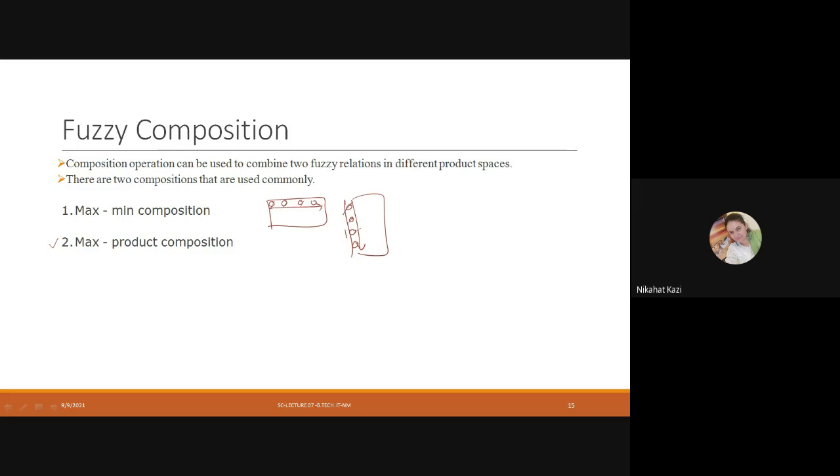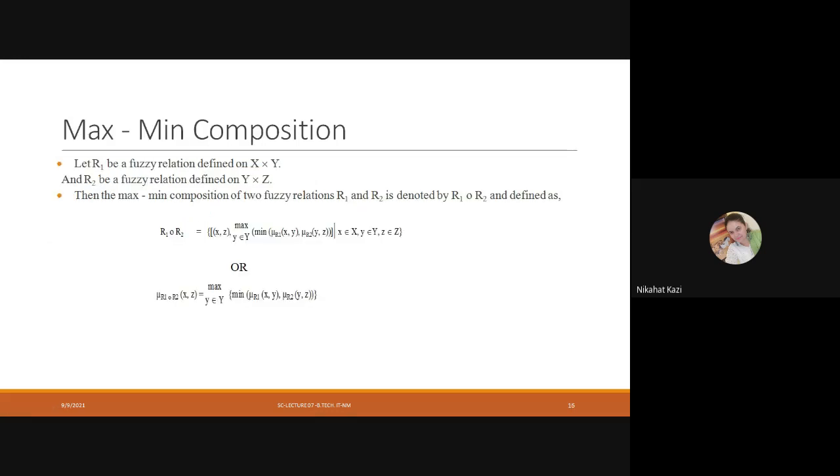So these are the two ways in which you can compose two fuzzy relations. You can combine them using fuzzy composition. Formally, the definitions are given here. So max min is mathematically stated here.